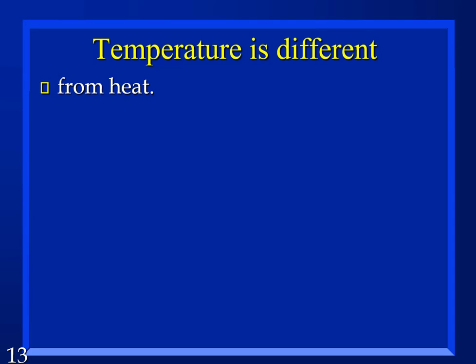So if I'm making spaghetti and I've got a pan of boiling water on the stove, what temperature is that water? 100 degrees Celsius. So a drop of that water, a bubble pops and a drop comes up and hits my arm. What temperature is the water hitting my arm? Pretty close to 100 degrees Celsius, right? And it's going to hurt a little bit.